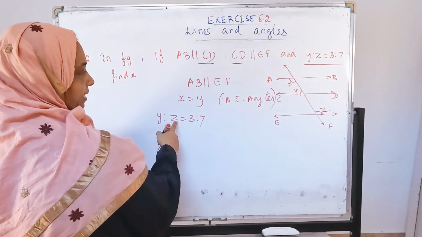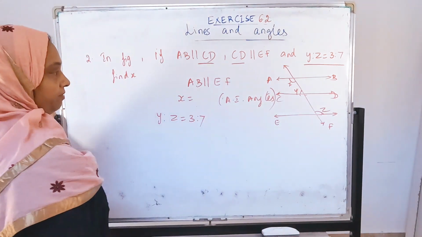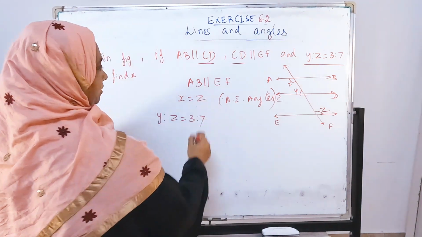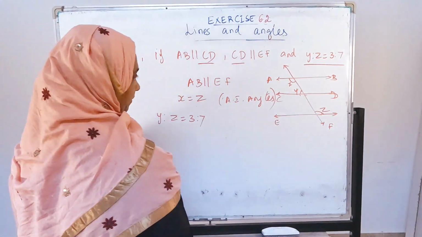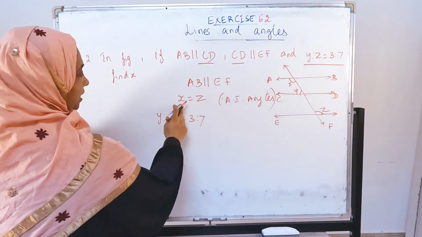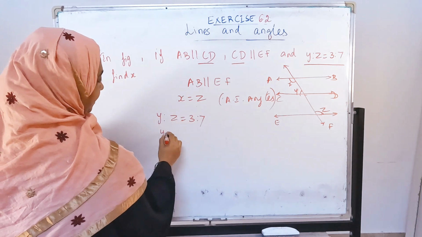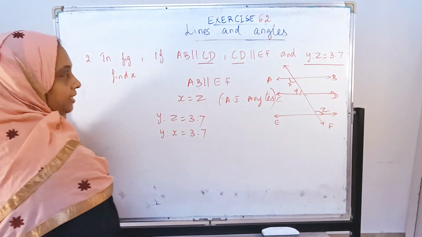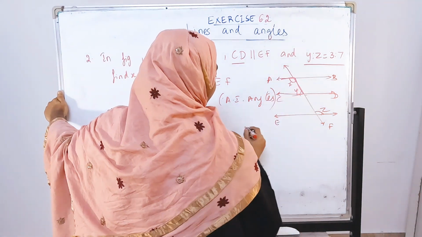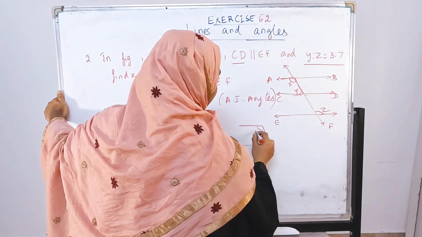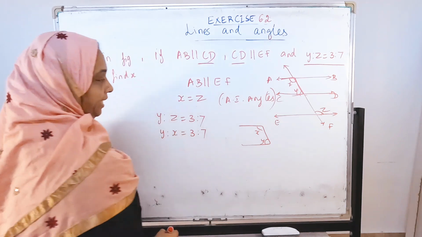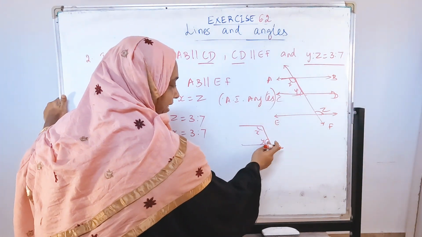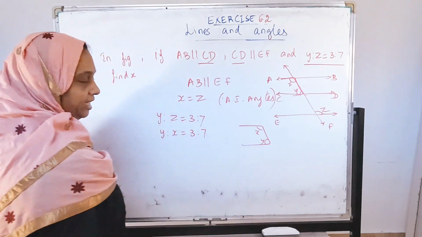So the Z part is here, one small X and Z are equal. And at the Z place we can replace it with X, it is 3:7. That X and Y you are seeing, this is like a box, so it is interior angles on the same side of the transversal.